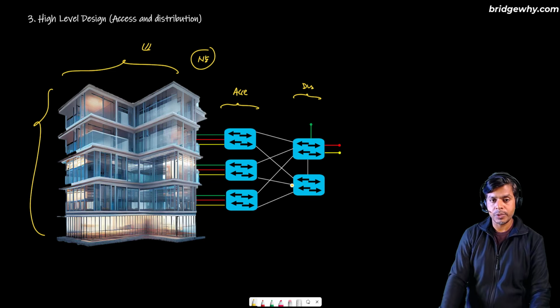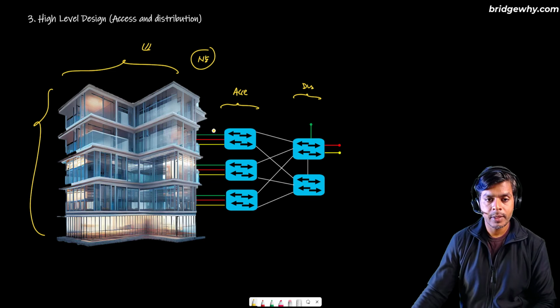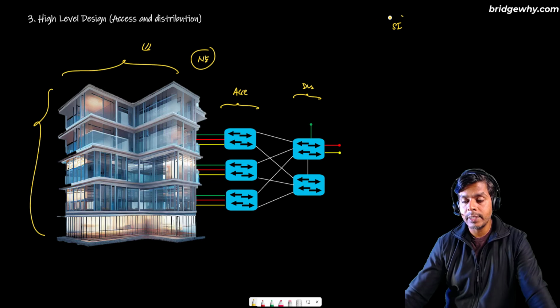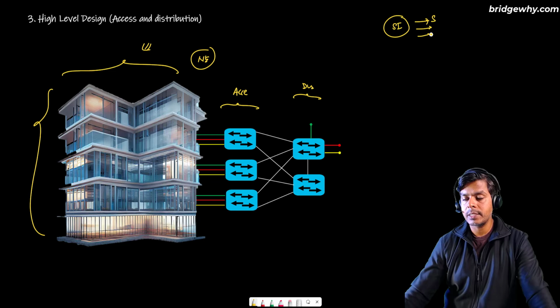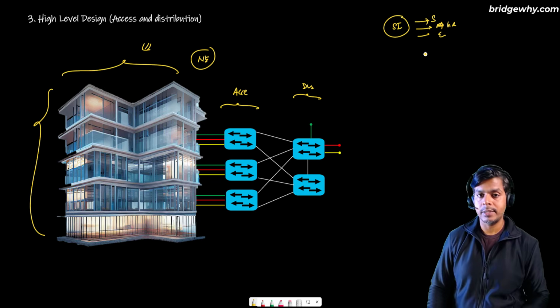But now your question must be, Anjali, why are there different colors? You remember that Sports India said that they have three different departments: sales, HR, and engineering. So Anjali has created three different VLANs.